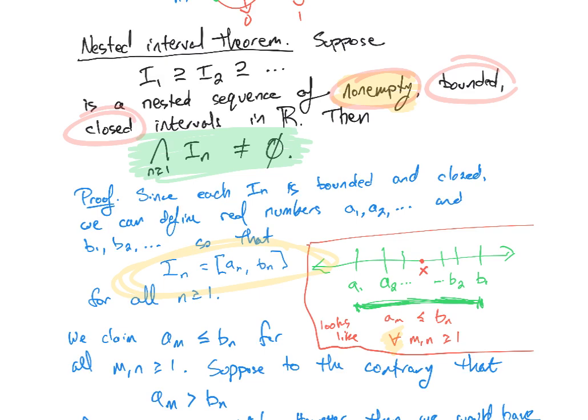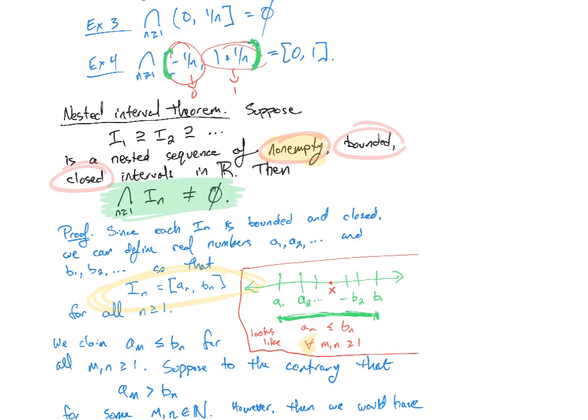Why isn't this true for the rational numbers? I'm going to come up with a sequence of non-empty bounded closed intervals.